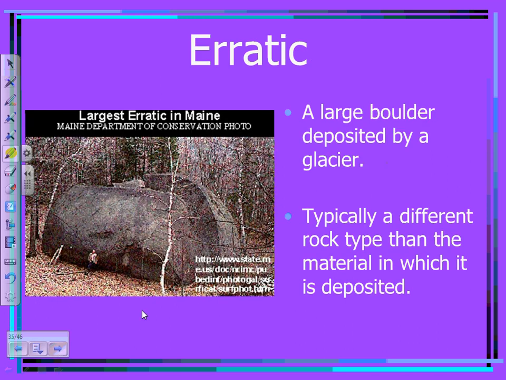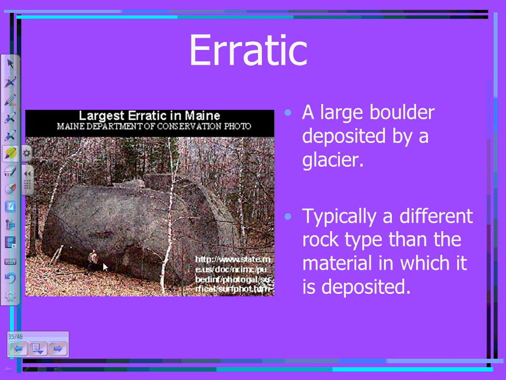Erratic. If you've ever been in the woods in northern Wisconsin and you come across a big boulder sitting all by itself, this was typically transported by a glacier, and it may not be part of any of the existing bedrock. It was carried by the glacier.